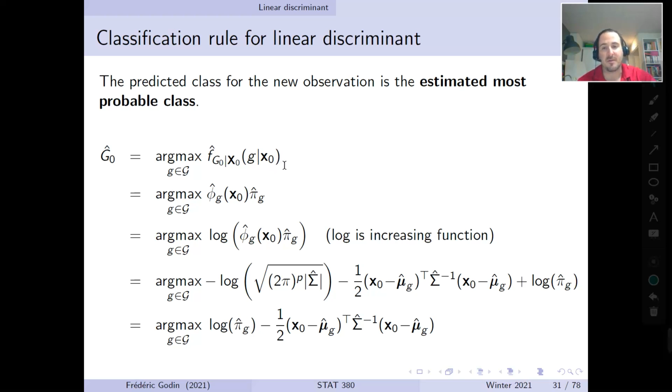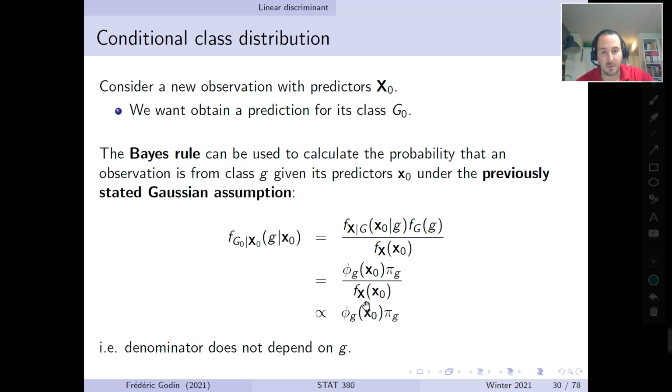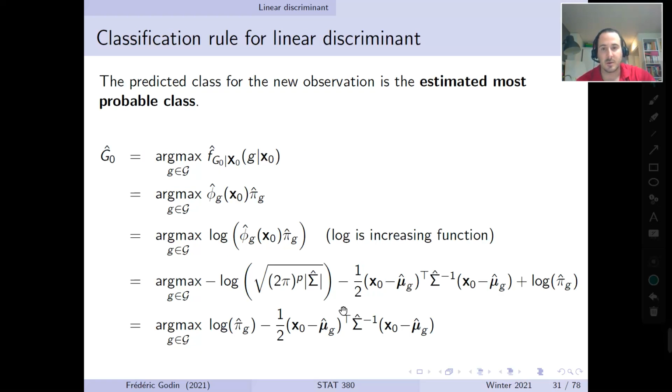And we saw in the previous slide that this is proportional to this: the estimated probability of generating predictors x0 if you're in class g, times pi g. So this is proportional to this.